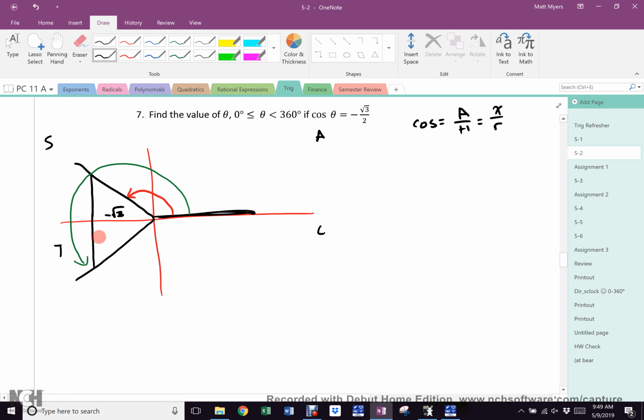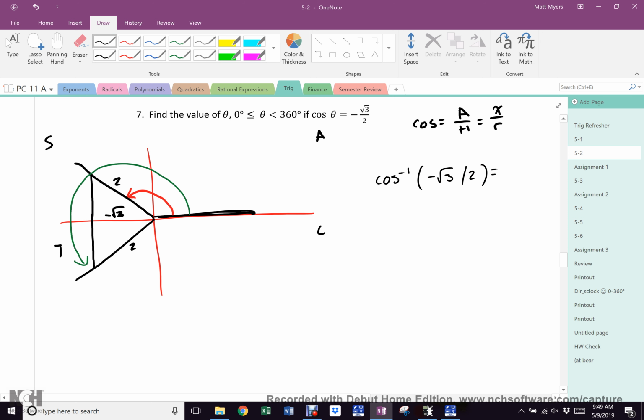What's my R? 2. Again, do I really need to know that to solve this question? No, but is it good practice to be drawing it out? Yeah. I need an angle, so what am I doing? Shift cos bracket what? Negative root 3 divided by 2.